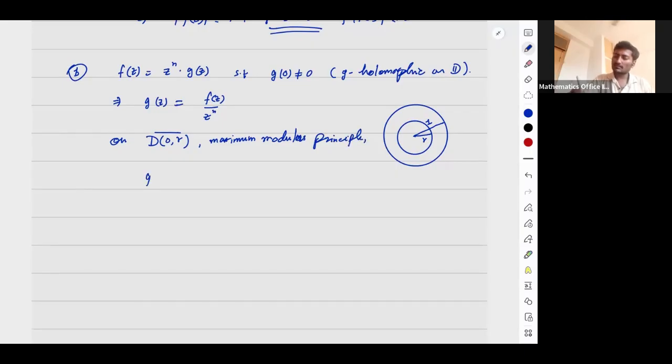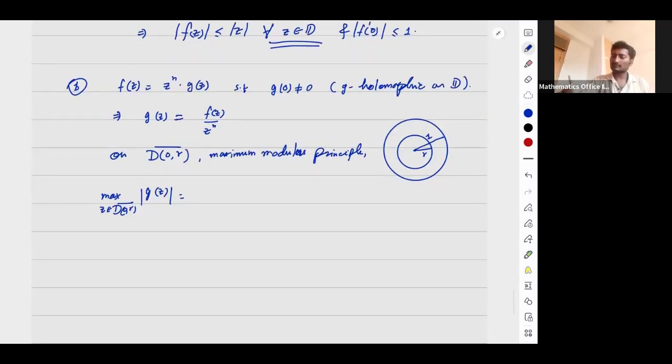We get the maximum of modulus of g of z, for z belonging to the closure of D(0,r), is equal to the maximum over the boundary, z belonging to the boundary of D(0,r), of modulus of f of z by z to the power n.